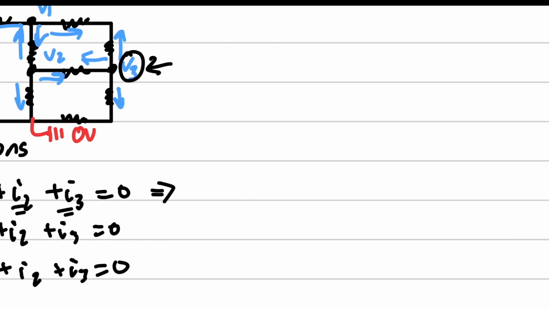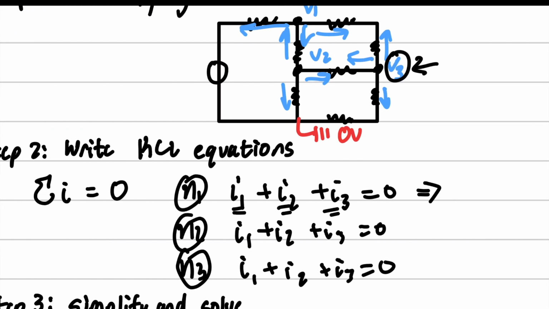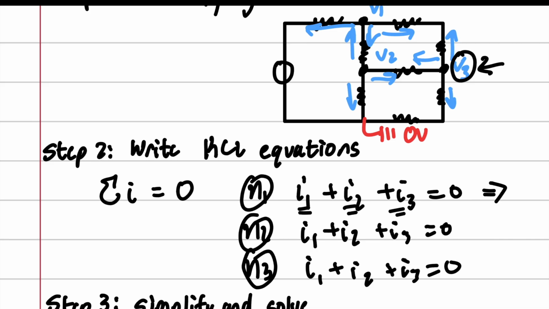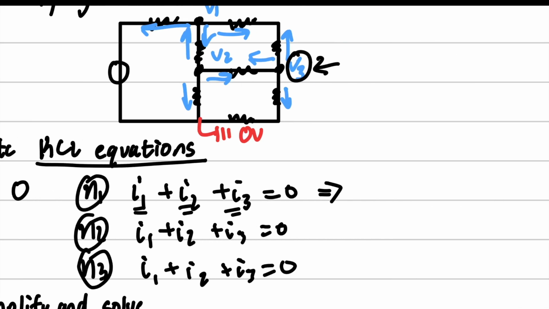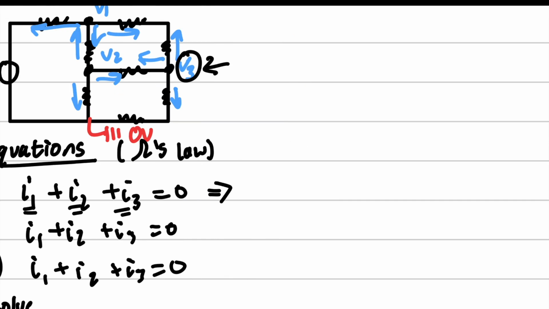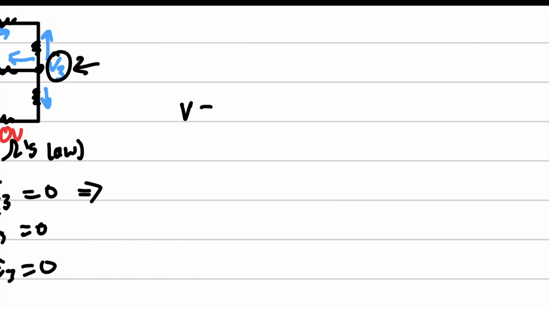So I say write KCL equations, but in reality we're also using Ohm's law. We're going to employ Ohm's law because we want to find this current in terms of voltage. That's why nodal analysis is so powerful, and its counterpart, loop analysis, is so powerful, because you get to find each variable in terms of the other.